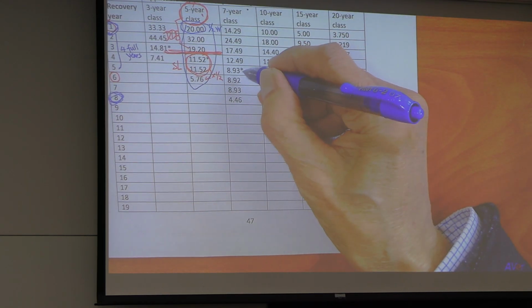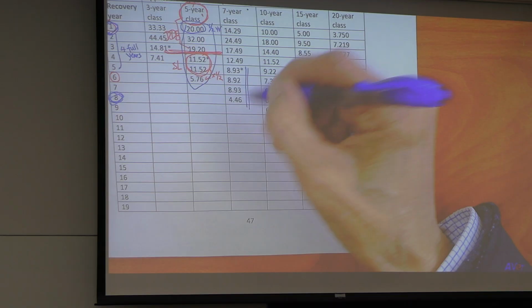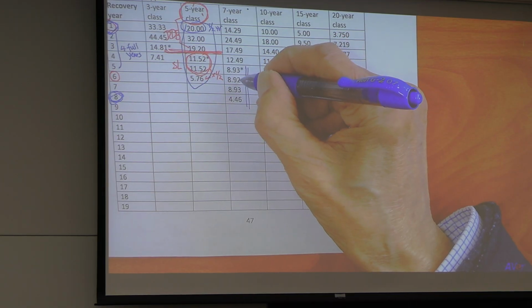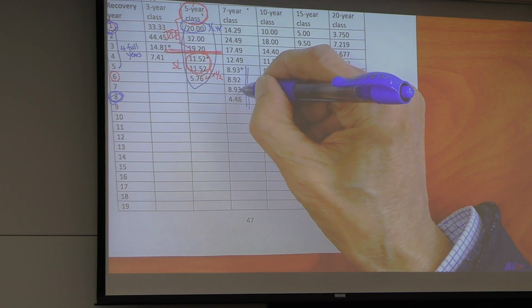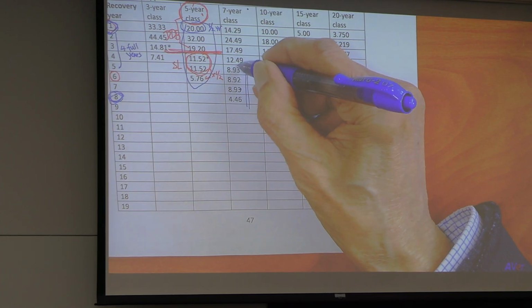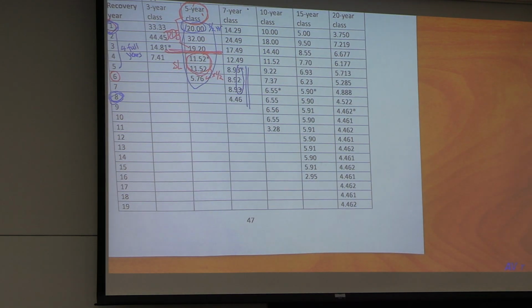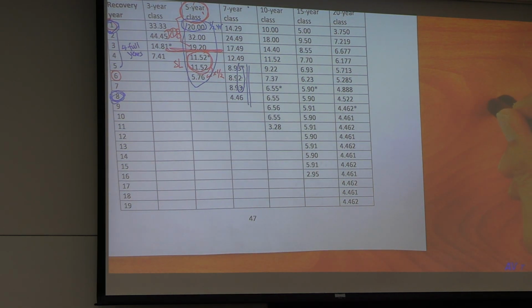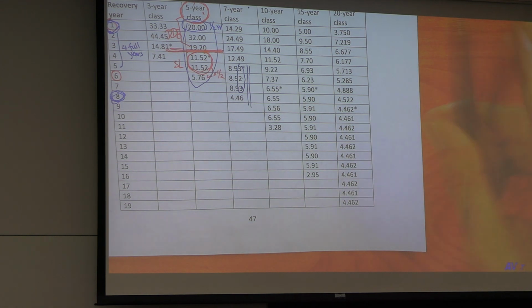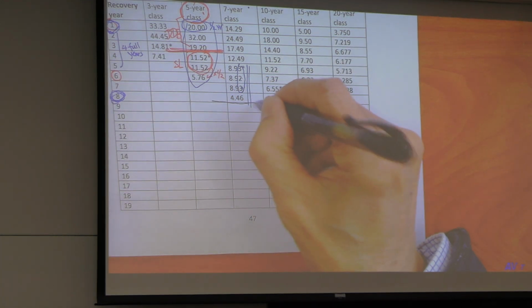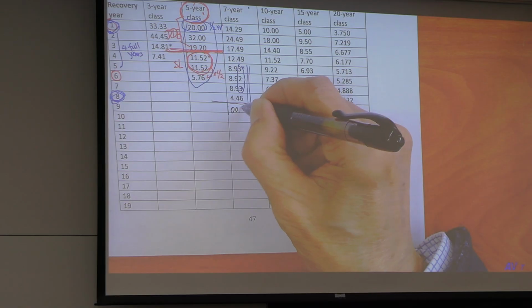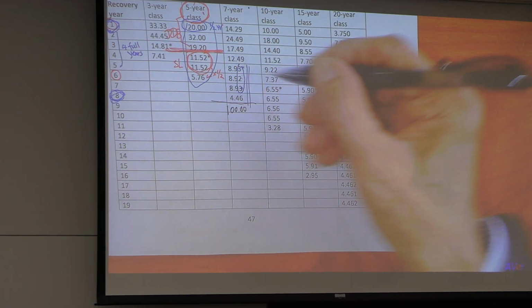You pay attention to the last few numbers, 8.93, 8.92, 8.93. Which is which? I think this is somewhat arbitrary. You change some year to 3, some year to 2. Make sure the sum is 100%. That's all it is.